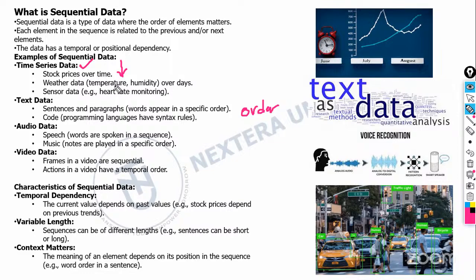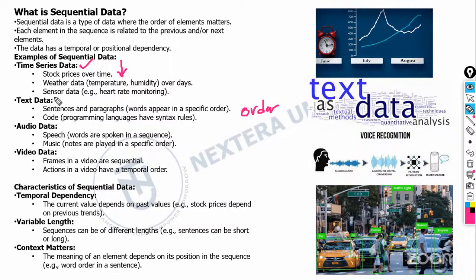Forecasting temperature, humidity, whether it will rain tomorrow or not, forecasting the amount of earthquake. All these come under time series data, friends. Sensor data: whenever you monitor your heart rate across time, the sensor is going to provide the data, right? So all these fall under time series data.